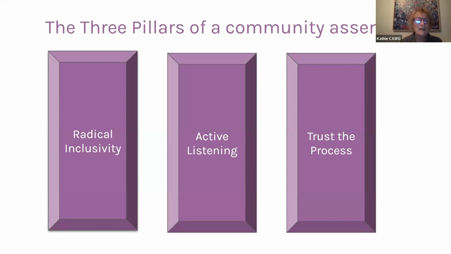And I think it's really important constantly in a community assembly to remind people it's about sharing as openly as you can, remembering to listen carefully with your full attention. Don't think about what you're going to say, don't interrupt, and also acknowledge that silences are okay.